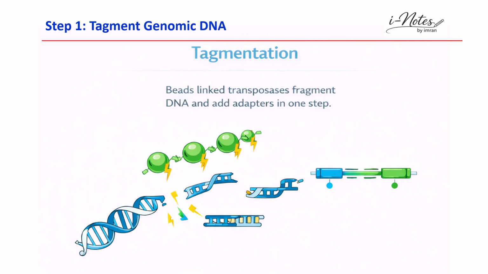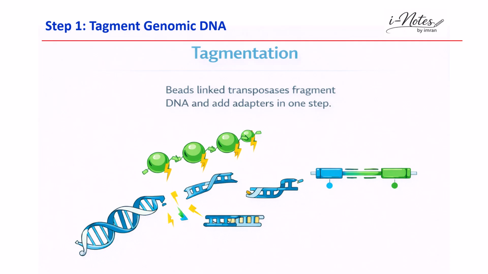Tagmentation is achieved by bead-linked transposase that cleaves the DNA and also adds the adapters to the fragmented DNA in one step. So at the end of the tagmentation process, what you have is smaller DNA fragments of desired size having the adapter sequences at both the ends. This is basically the outcome of the tagmentation process.